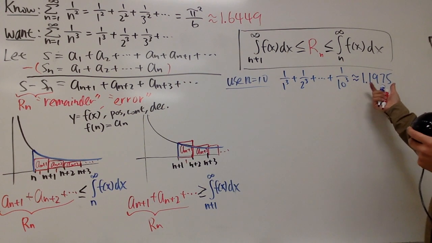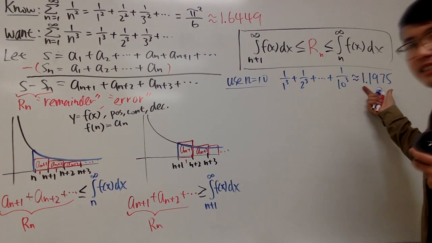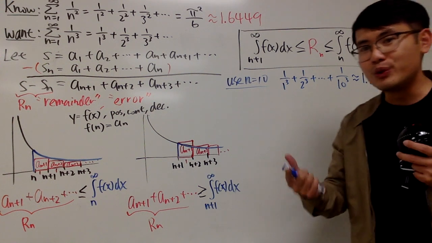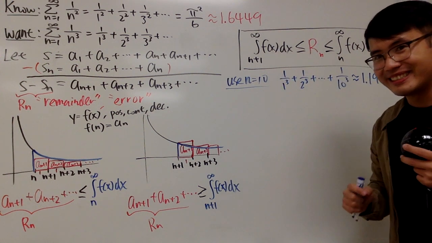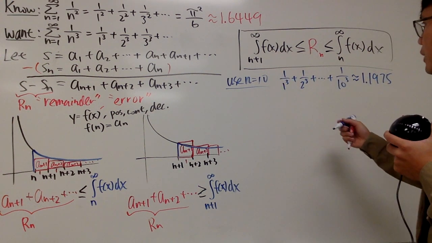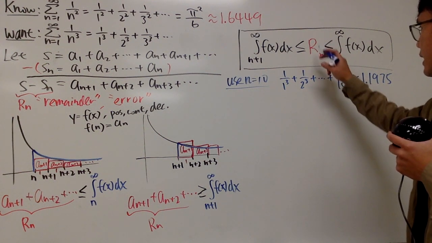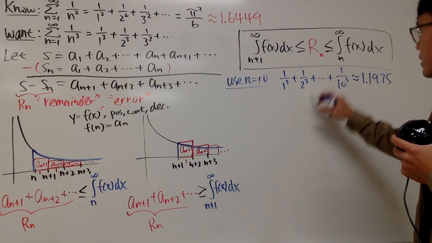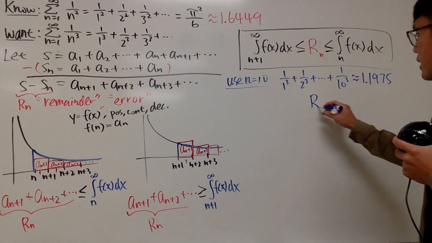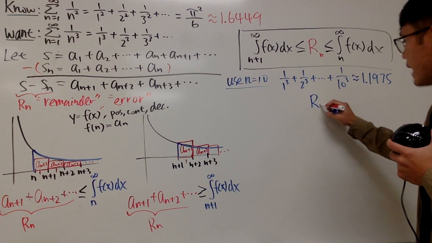But now, to get a feeling about how good this answer is, we are going to do the integrals business. Now, here we go. I will tell you, this right here is the R10, right? Because n is equal to 10, so we have R10 in the middle, right here.